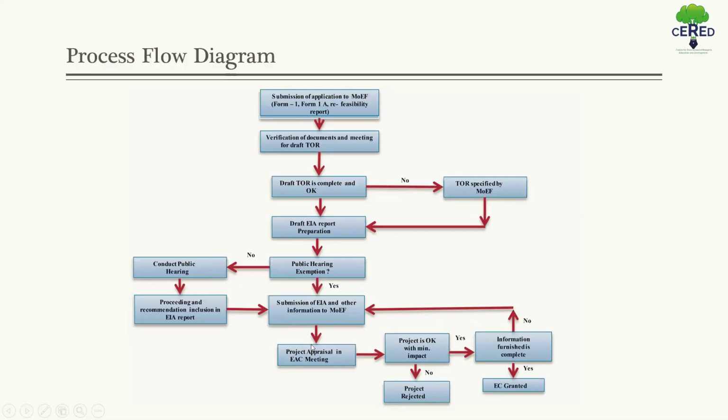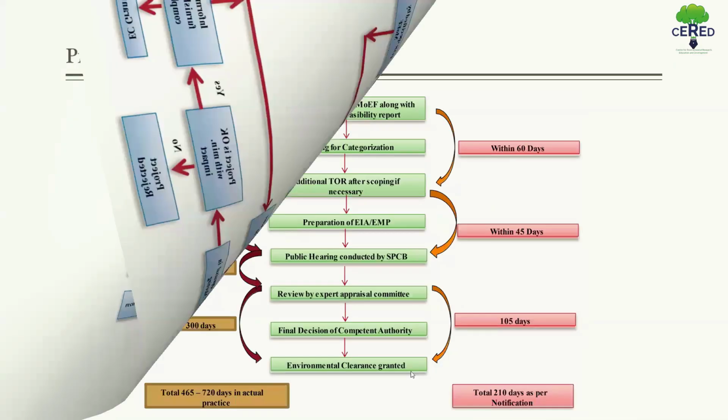And then the project is appraised in the EAC meeting. If the project is okay, or has a minimum impact, then the information is furnished and completed, and EC is granted. And if the project is not okay or has a maximum impact, then the project is rejected.